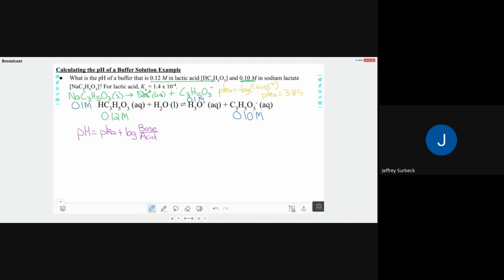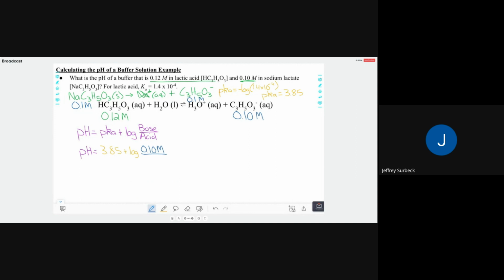All right. So now we're in the driver's seat. To find the pH, all we would have to do is say, hey, pH is equal to that pKa value, which we just found at 3.85, plus the log of our base. Which one's our base again? 0.1. Yep, 0.1 molar over our acid.